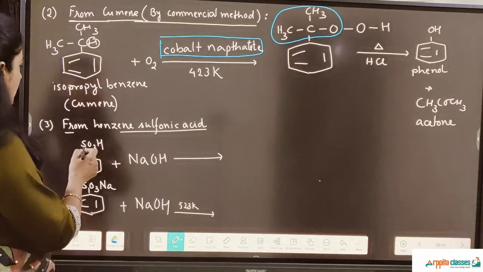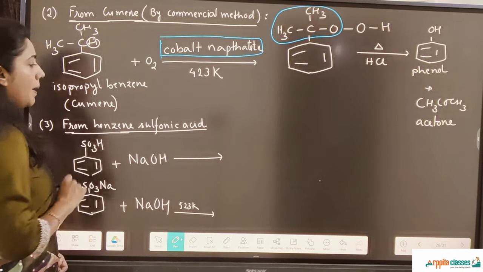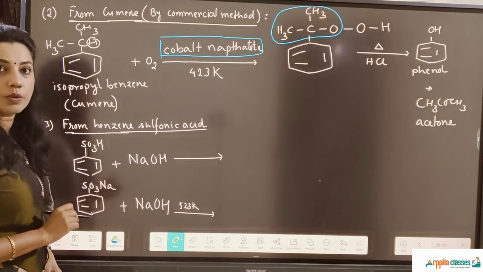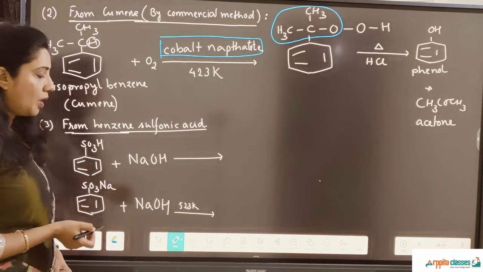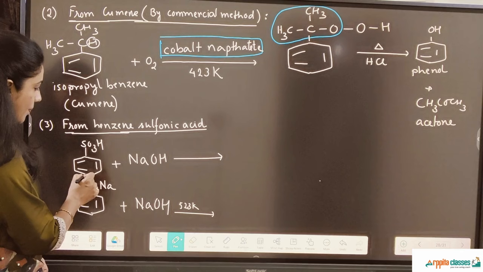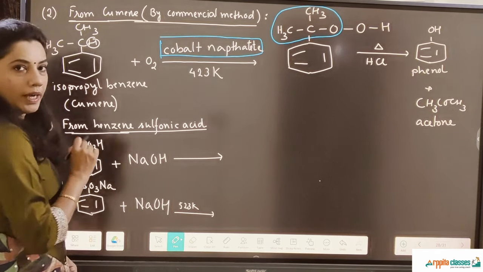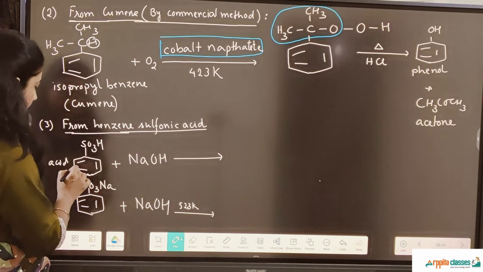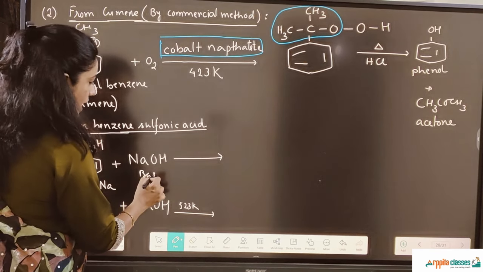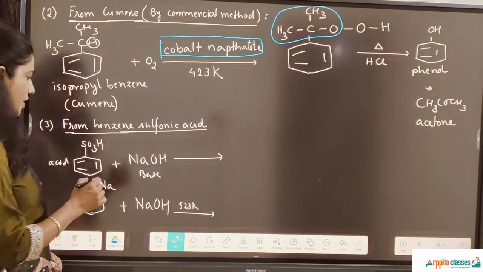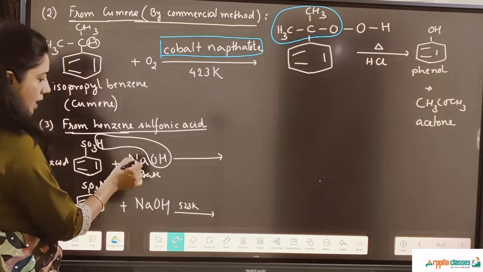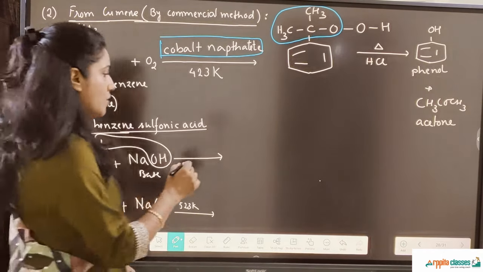Come to the next one. The next preparation is from benzene sulfonic acid. So this is my benzene sulfonic acid. The SO3H group is called the sulfonic acid group, which is attached to the benzene ring, and it is treated with NaOH, sodium hydroxide. So this is acid, and this is base. So obviously acid and base will give you a neutralization reaction. So here H2O comes out as water, and Na gets attached with SO3.